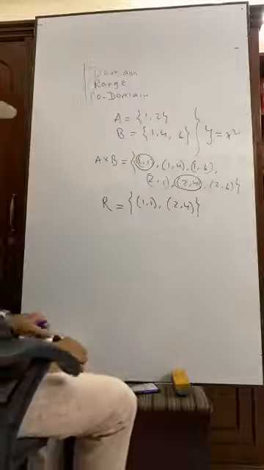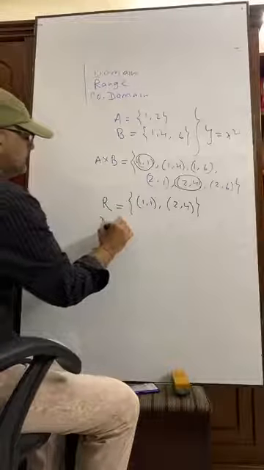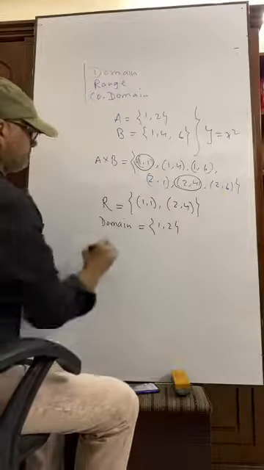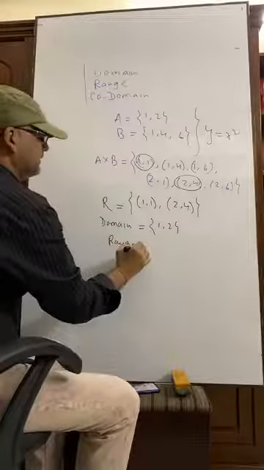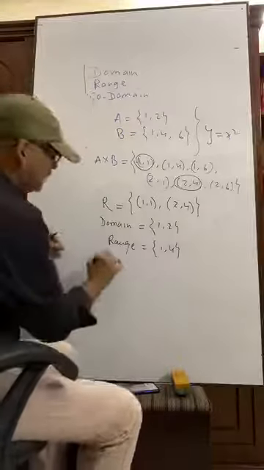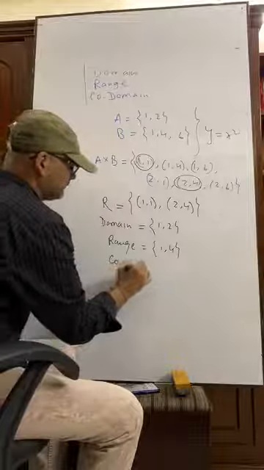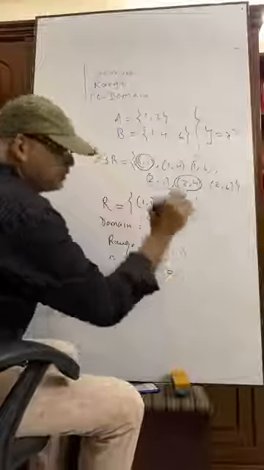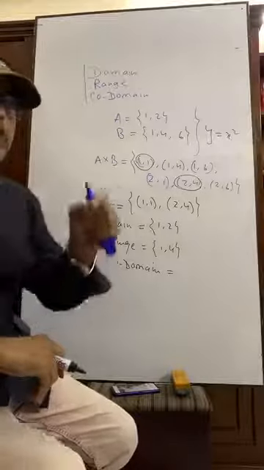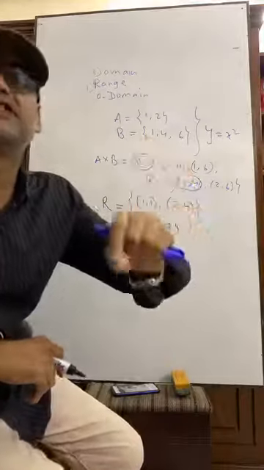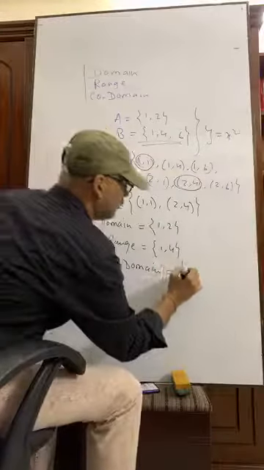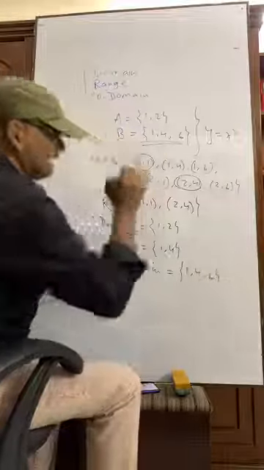So we are getting domain equals {1, 2}, range equals {1, 4}. What is the codomain? What will be the codomain here? This is the question. Codomain is always the second set B. Codomain is {1, 4, 6}. I think you have got it.